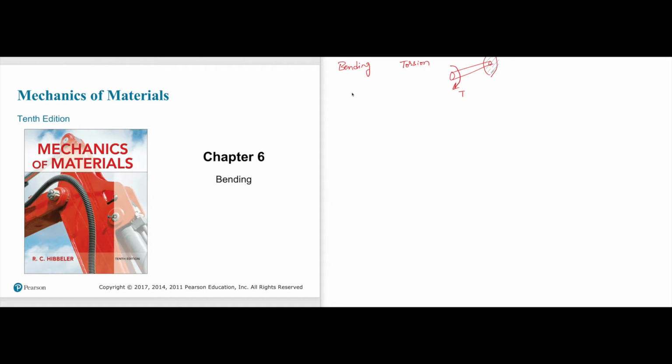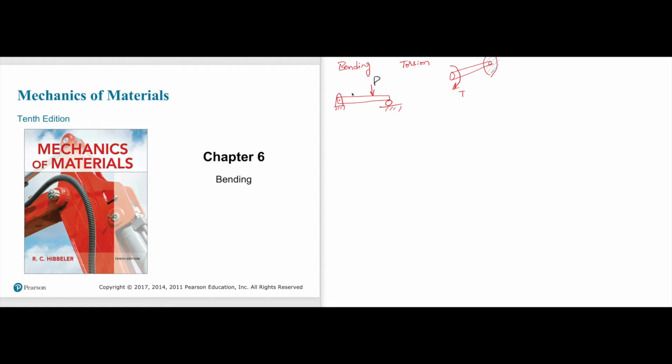Now, what is bending? Bending is when you have, let's say, a pin joint and a roller support. Let's apply a load P. What happens due to the load P?